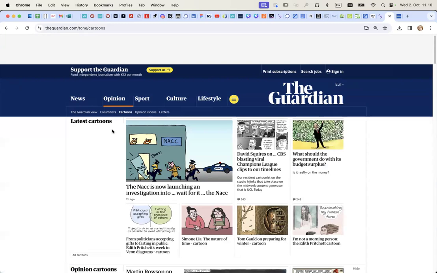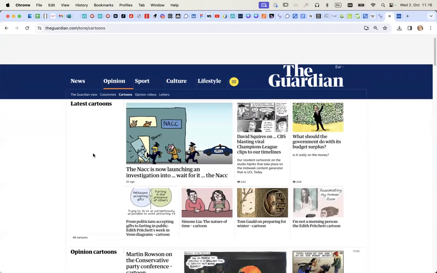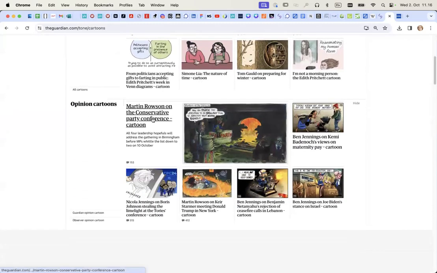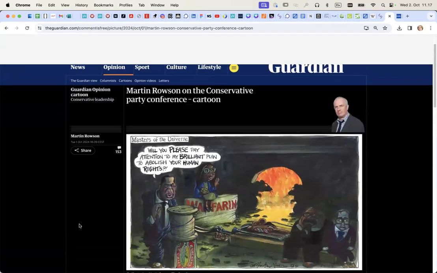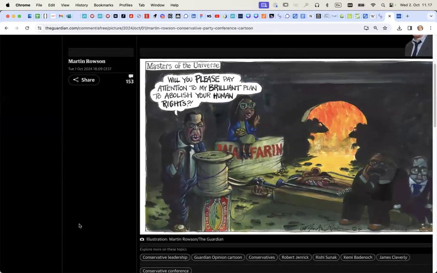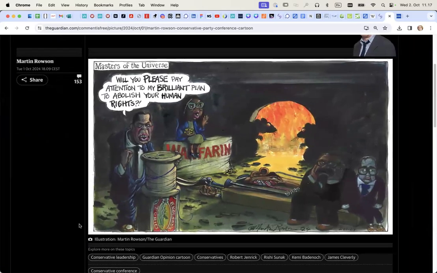So here we have both comics, and then we have political cartoons like this Martin Rowson and Ben Jennings. There you go. And these are pretty dark, often, dark graphically and dark in other ways.